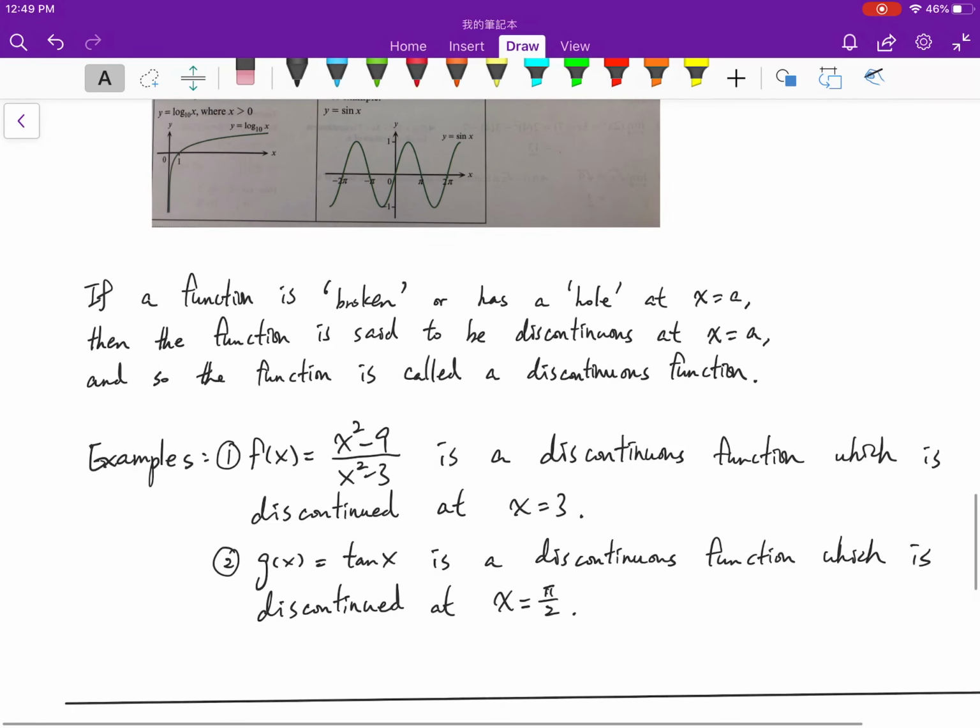On the other hand, if a function is broken or has a hole at x equal to a, then the function is said to be discontinuous at x equal to a. Just like the first example we discussed, it is discontinuous at x equal to 3. And if it is discontinuous at any point, then the function is called a discontinuous function. Here are two examples. Example 1 is what we discussed before. It is discontinuous at x equal to 3.